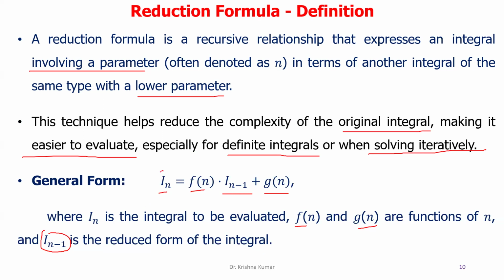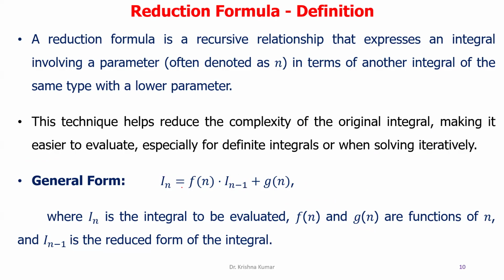So here In is reduced to In-1, and now In-1 can be reduced to In-2, In-2 can be reduced to In-3, and at the last we get the value of either I1 or I0. Then we can easily find the value of I0 or I1. So this is called the reduction formula, and this is the general form of the reduction formula.